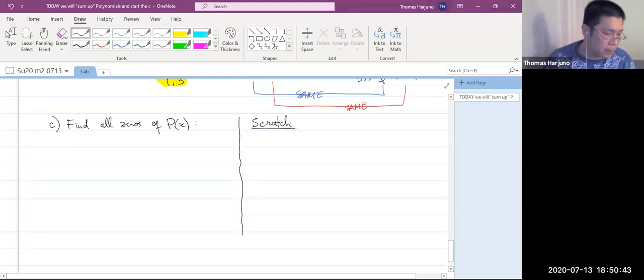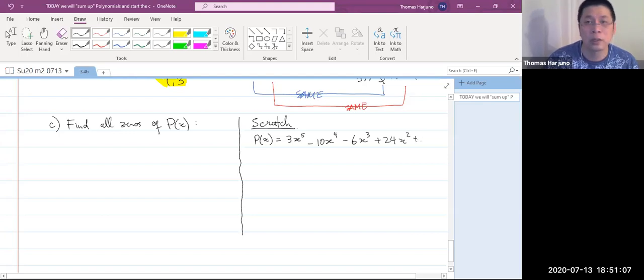Then I have P(x) is 3x to the 5th minus 10x to the 4th minus 6x cubed plus 24x squared plus 11x minus 6. Okay. So P(0) is -6.